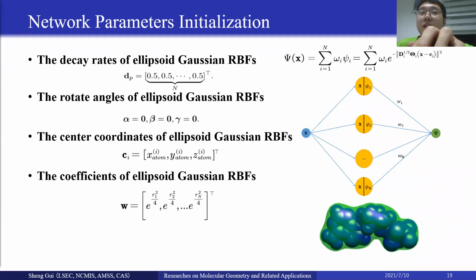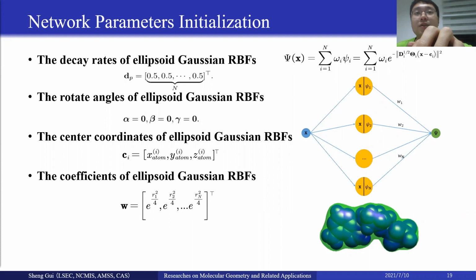In this slide, we initialize the ellipsoid RBF neural network parameters. Considering that the Gaussian RBF is the degenerate case of the ellipsoid Gaussian RBF, the activation function psi can be initialized in the same manner as phi.